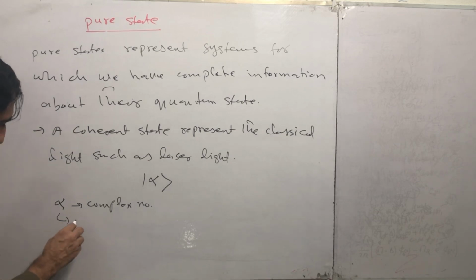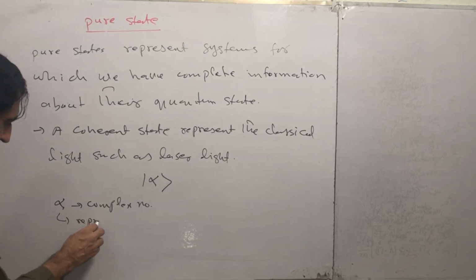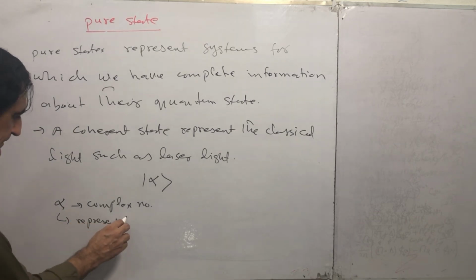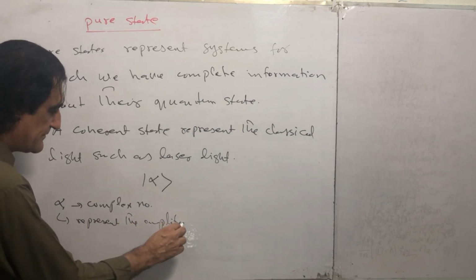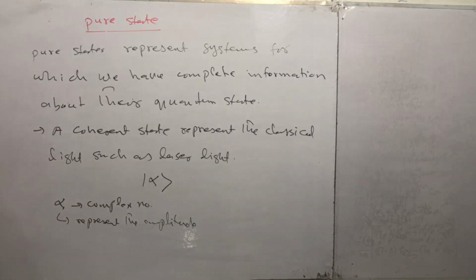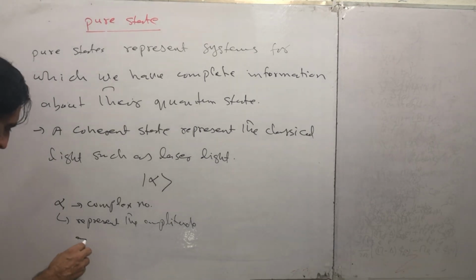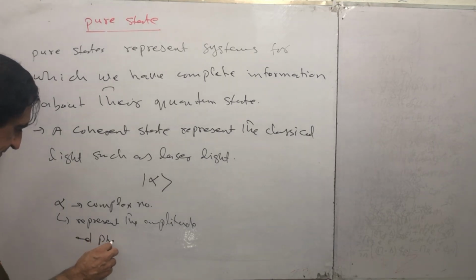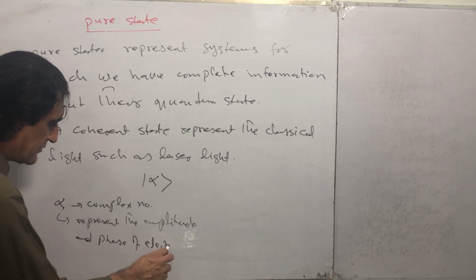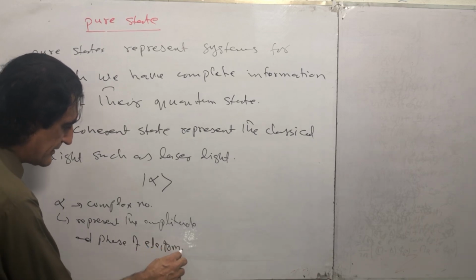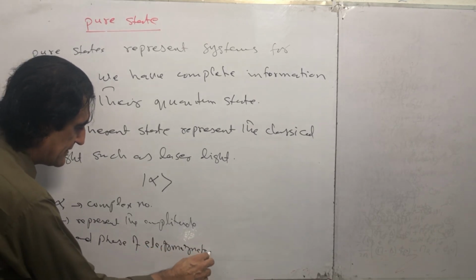This alpha represents the amplitude and phase of the electromagnetic field.